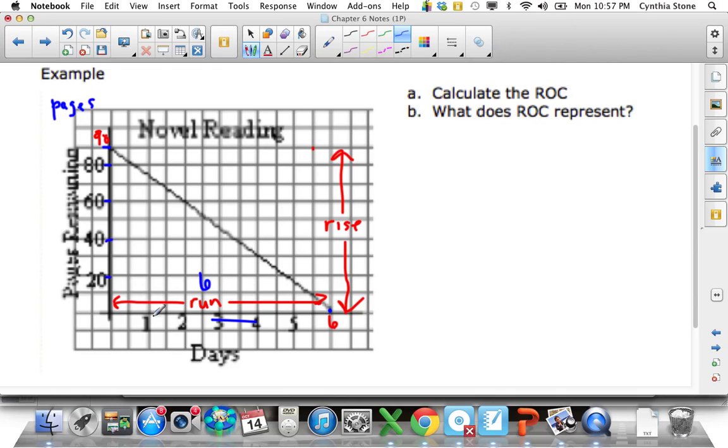And my rise, again, it starts at 90, so this is going to be negative. It's a negative slope. So it's starting at 90, ends at 0, so the rise is negative 90. It drops by 90.